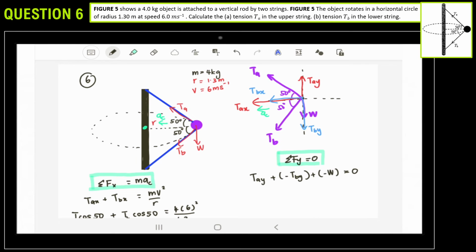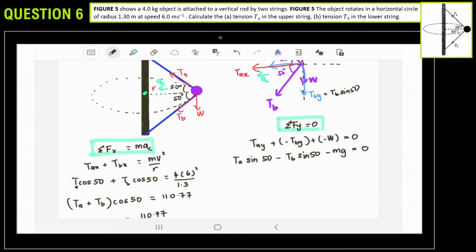TAY is TA sin theta, and you can see here the angle is 50, so this is TA sin 50 and this is TB sin 50. So we substitute: TA sin 50 minus TB sin 50 minus mg is equal to 0.